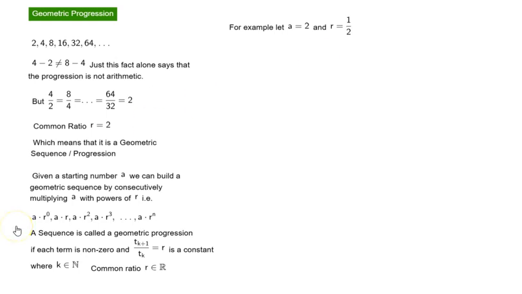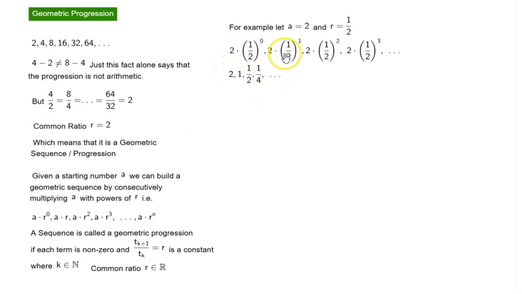So how would the geometric progression look like? We start with A, 2 times R to the power of 0, that is 1 by 2 to the power of 0, comma 2 times 1 by 2 to the power of 1, 2 times 1 by 2 to the power of 2, 2 times 1 by 2 to the power of 3, and so on. Now let's simplify this.